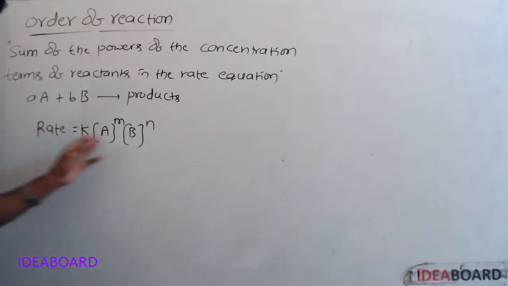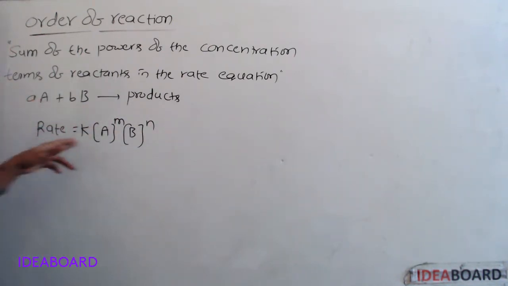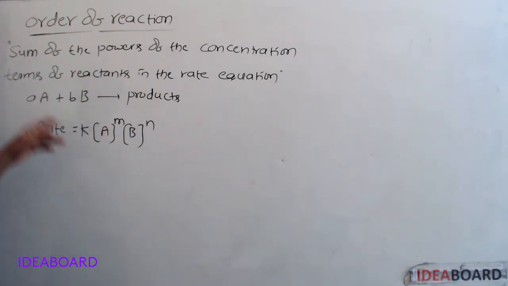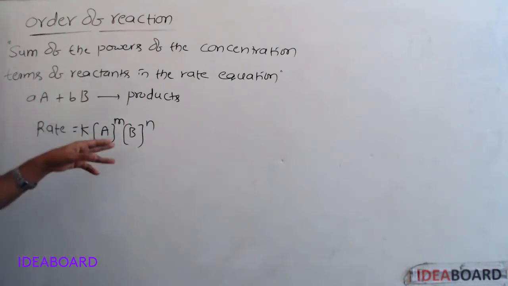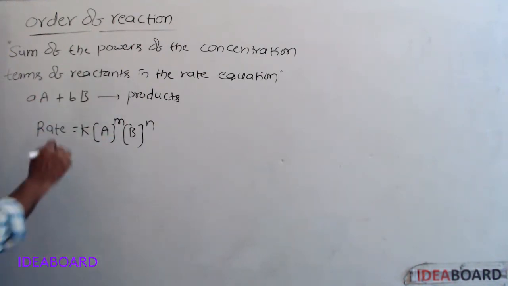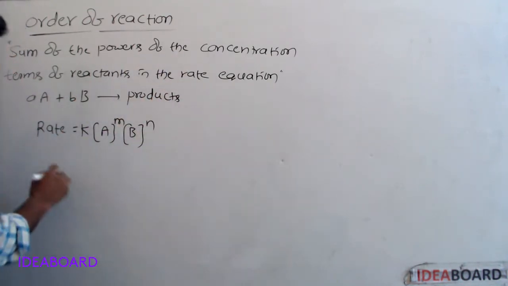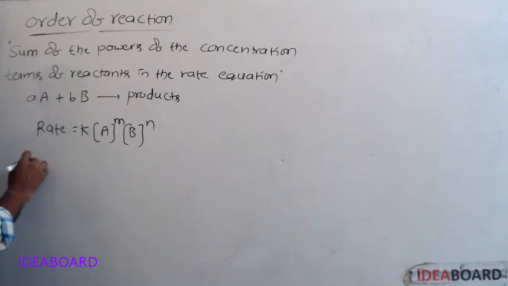If the rate equation is rate equals K into [A]^m into [B]^n, this rate equation is obtained only after doing an experiment. Directly by seeing the equation, we cannot write the rate equation. Here K is the rate constant.